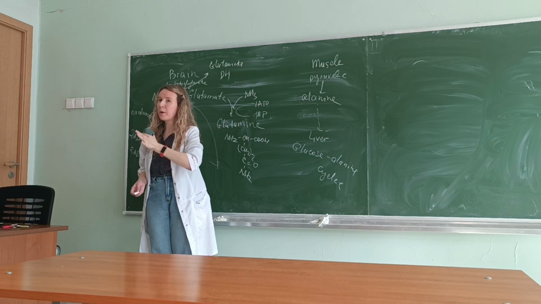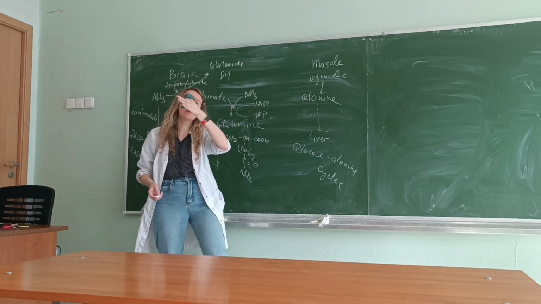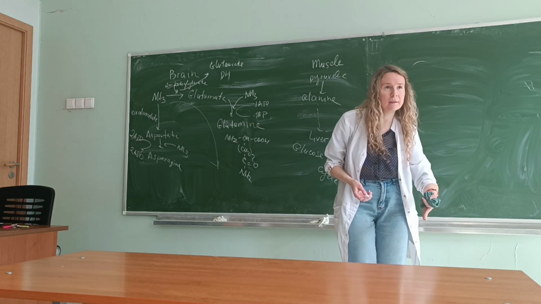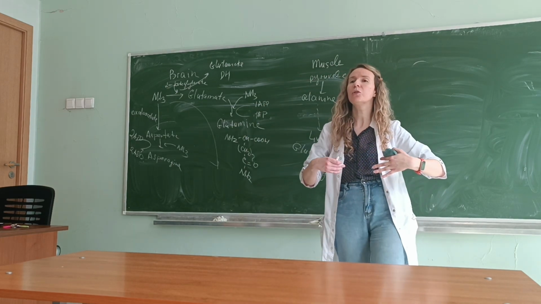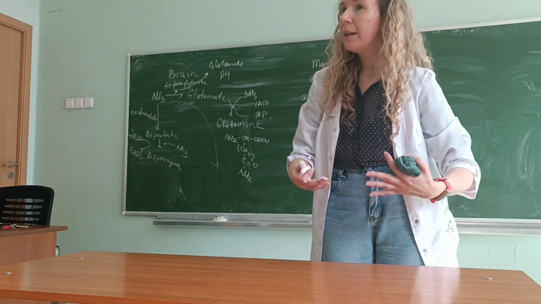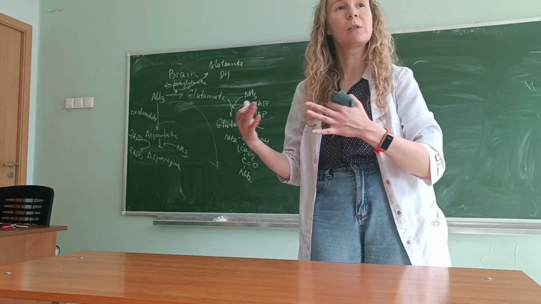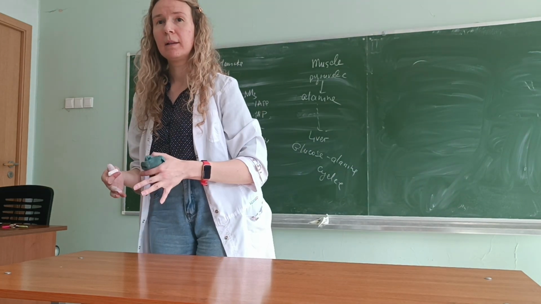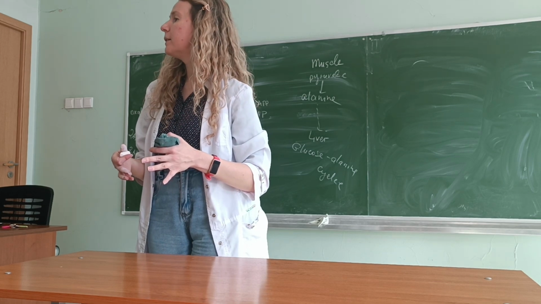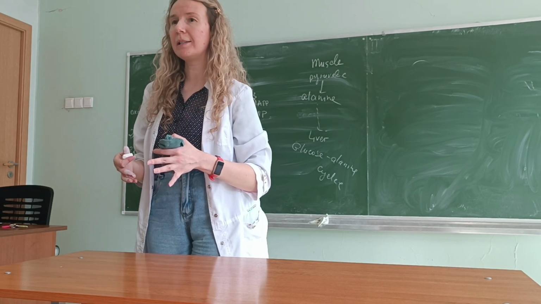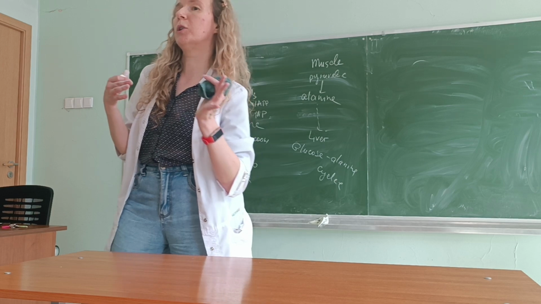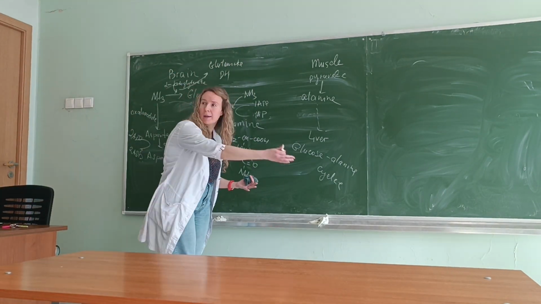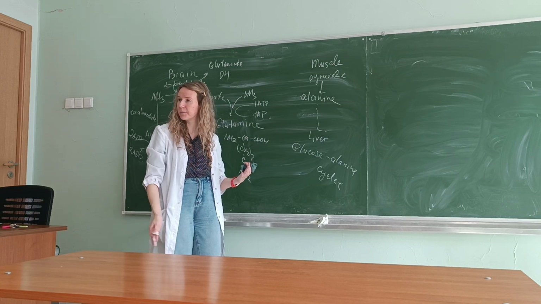In muscles, we will convert glucose into pyruvate. Pyruvate into alanine. Alanine will transfer into the liver. In the liver, all steps in reverse way. So alanine is converted to pyruvate. In the reaction of gluconeogenesis, pyruvate will convert into glucose, and we return to muscles. That's why it's called a cycle.